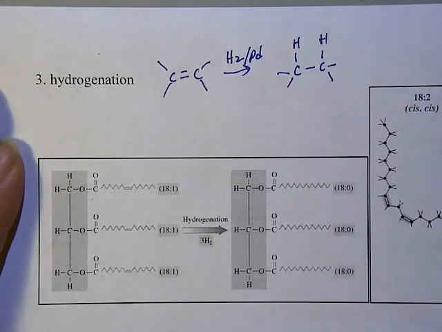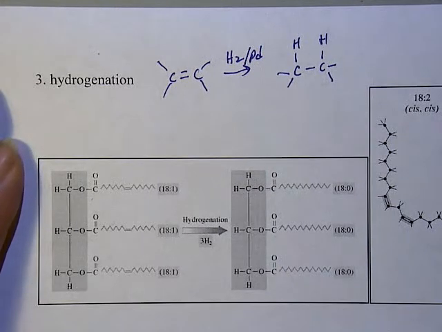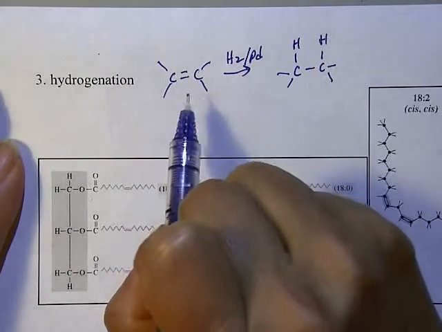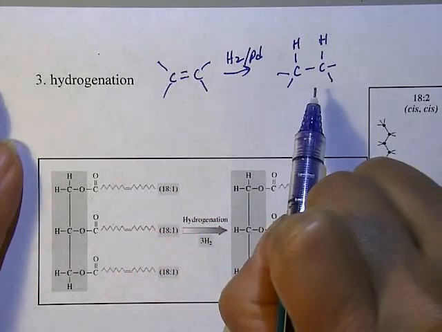2 hydrogen atoms, a mole of hydrogen across the double bond, and so you're going from alkene to alkane.